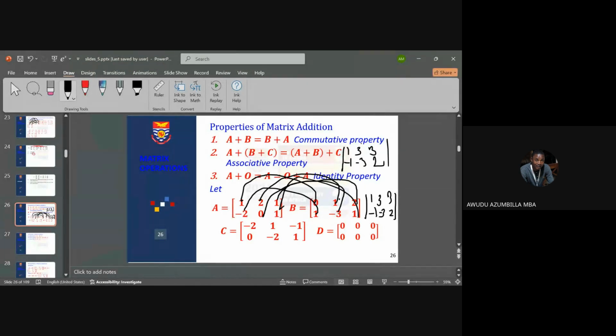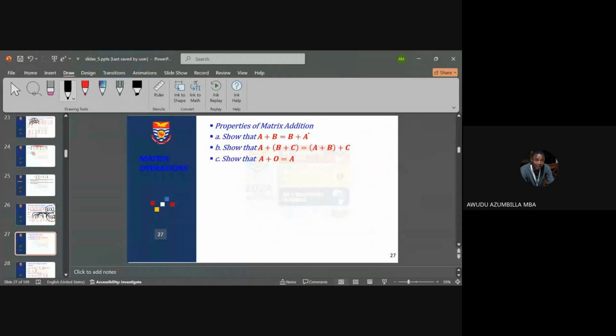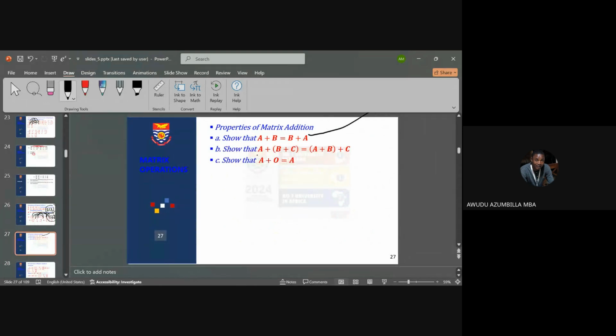Okay, so compare the two. A plus B is this one, and B plus A is also this one. So you can see that they are all the same. And that verifies this formula. You can do the same thing to the rest of them.